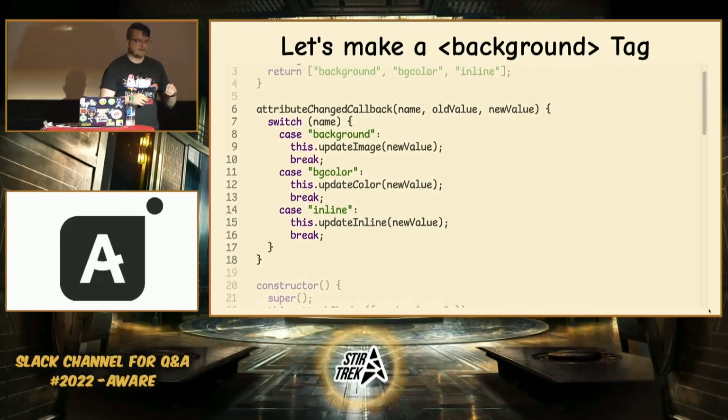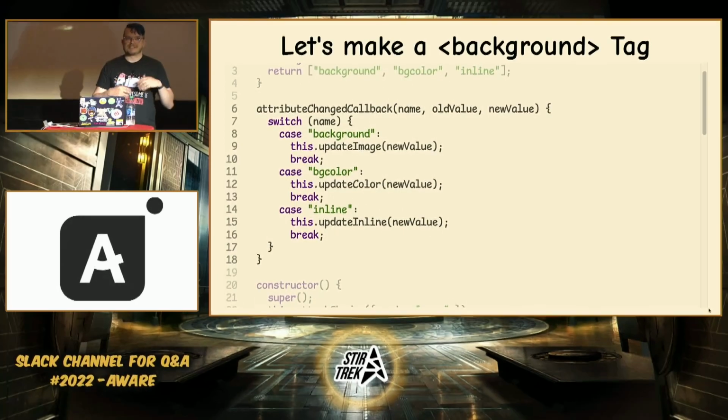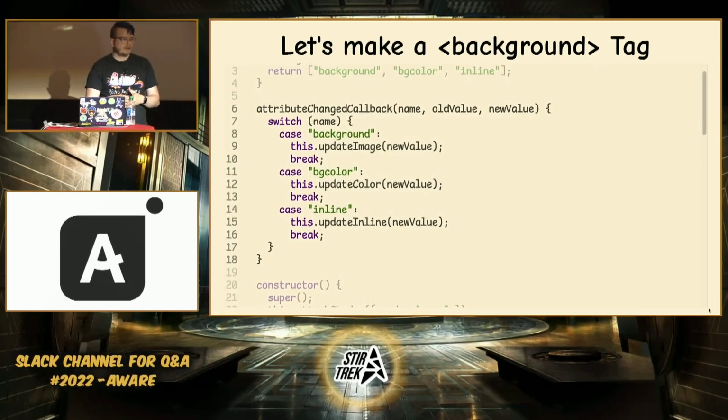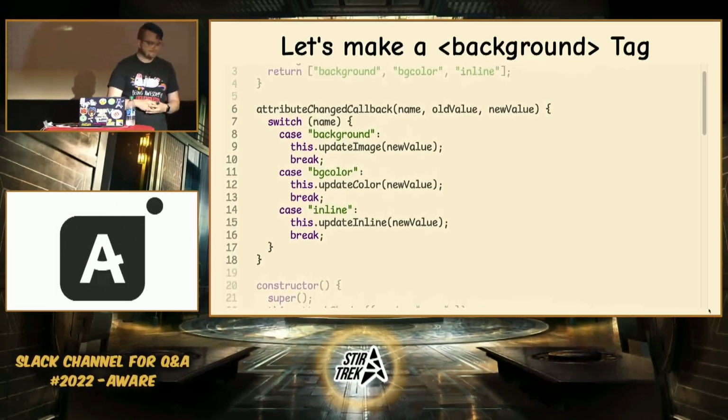So we have the name that we are switching on, which is the name of the attribute that has changed. And I'm giving it 3 different cases, background, bgcolor, inline, and each one updates a different thing: updateImage, updateColor, and updateInline. You are also passed the old value and the new value in case you're needing to compare things. In my case, we don't. But because new value is the 3rd argument, you still have to hold a place for the old value.